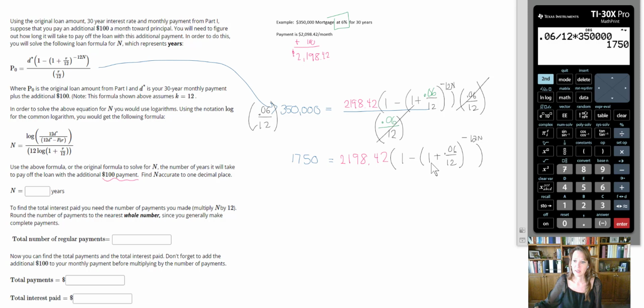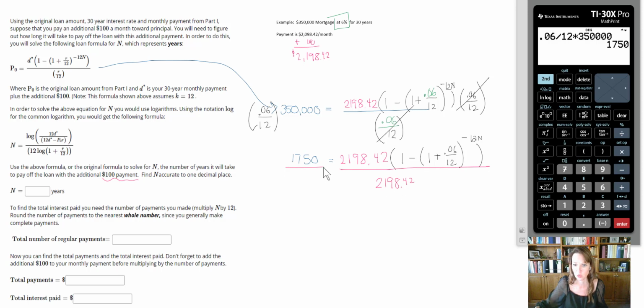On the right-hand side, I'm going to start with what's furthest away from the variable as I start isolating. So I want to undo this times my payment that I'm making. So I'm going to divide both sides by that. So I'm going to take what I've got in my calculator.